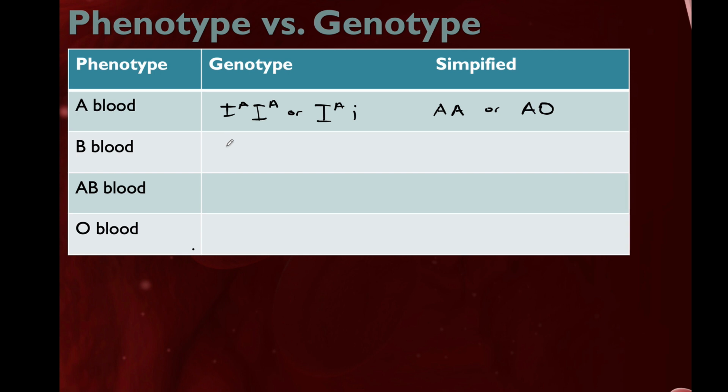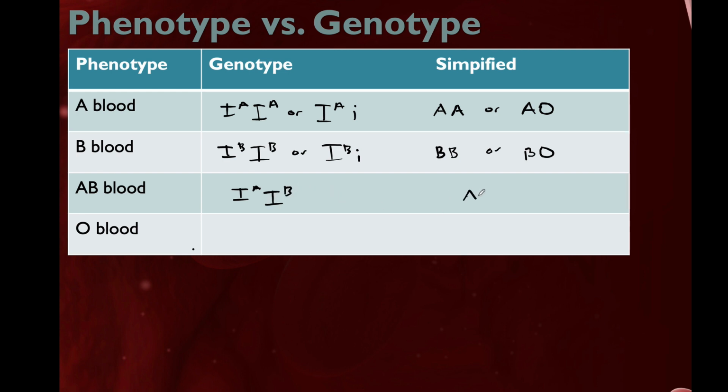For B-blooded individuals, the code for genotype is IB IB, or IB lowercase i. To simplify that, mom and dad both donated a B allele, or one of them donated a B and the other one donated an O. For an AB-blooded individual, IA from one parent and IB from the other parent.